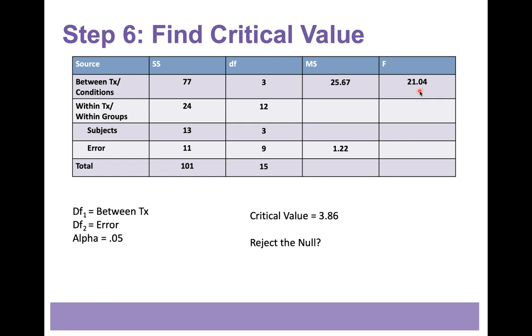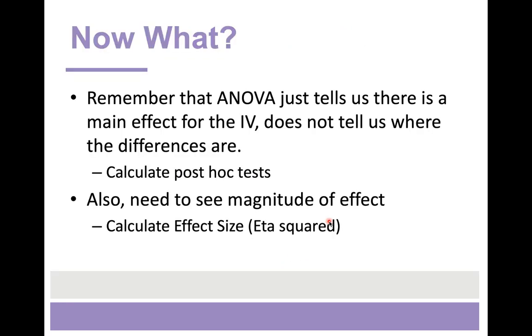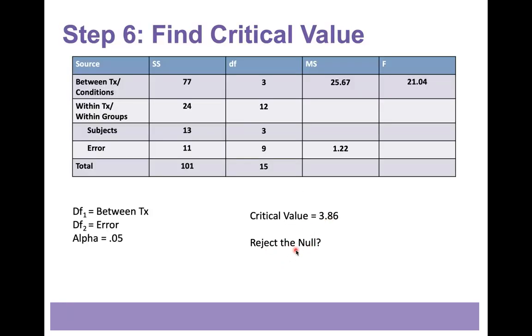Our F value was 21.04. Our critical value was 3.8625. Because our F value is greater than the critical value, we reject the null, and we're going to conclude that, let's not forget what our example was here, that pain does change over time.